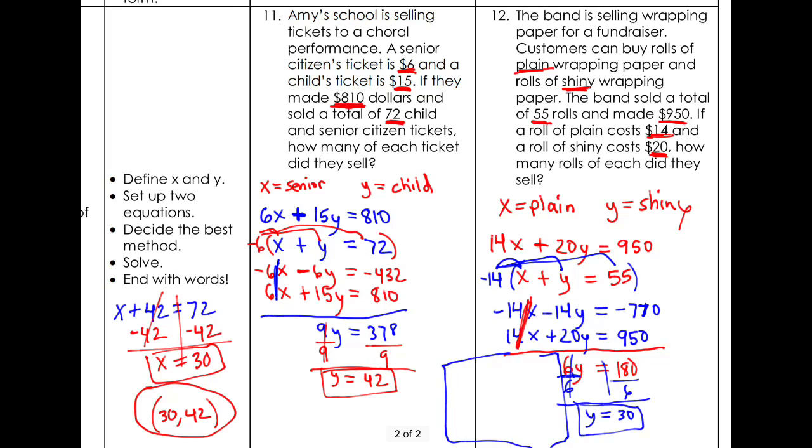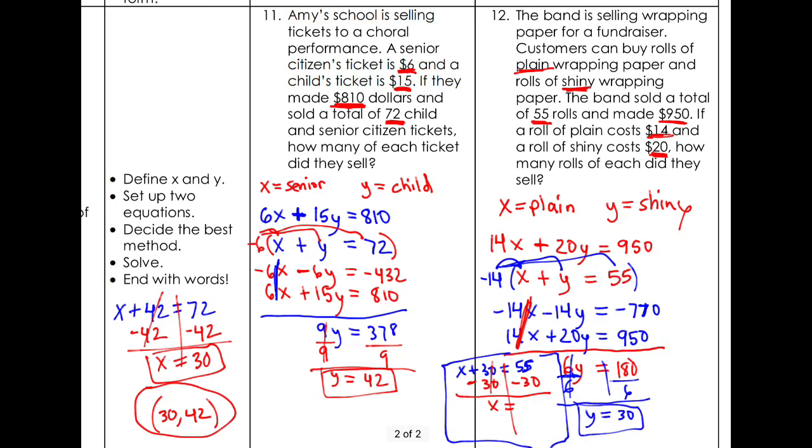So you have x plus 30 is equal to 55. And we're just using this equation right here. And so we'll subtract 30 to get rid of that. Subtract 30. We're left with x on this side is equal to, what is 55 minus 30?